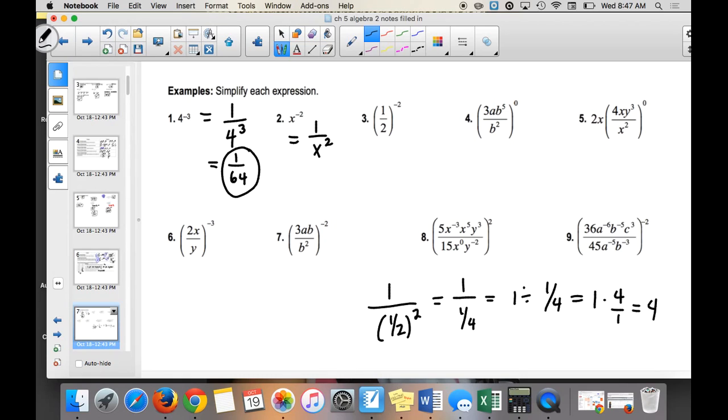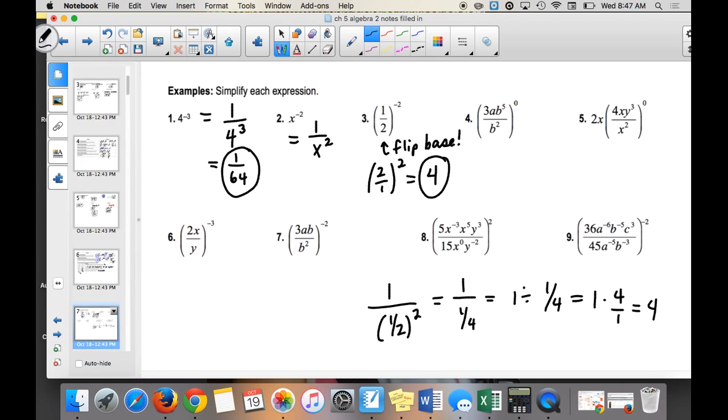But that's a lot of work. The easiest way to do these is to flip the base. So I'm going to write it as 2 over 1 raised to the positive 2. Well, 2 over 1 is 2, so 2 squared is 4. Much faster, right? If you already have a fraction for your base, just flip the whole fraction.